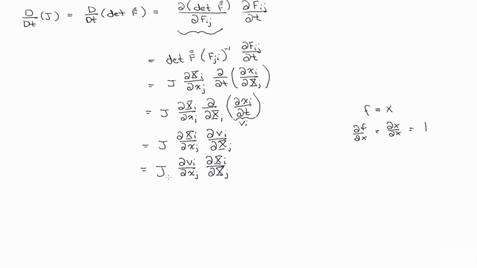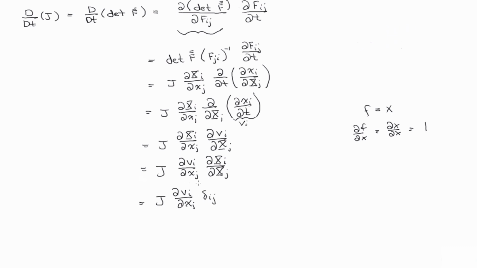I'm not ready to introduce you to tensors yet. We'll just call this a matrix still. And so what that turns out to be is the identity matrix, and in this indicial notation, we label the identity matrix as delta ij.